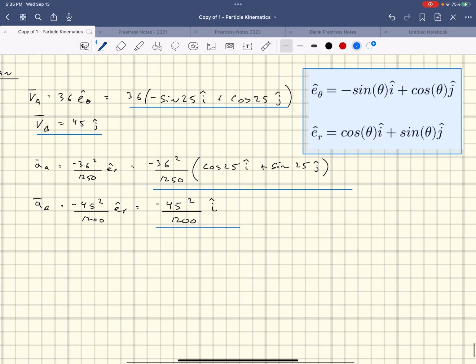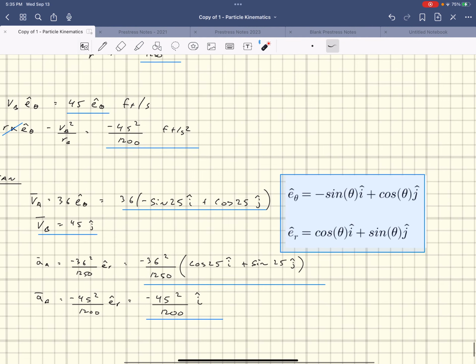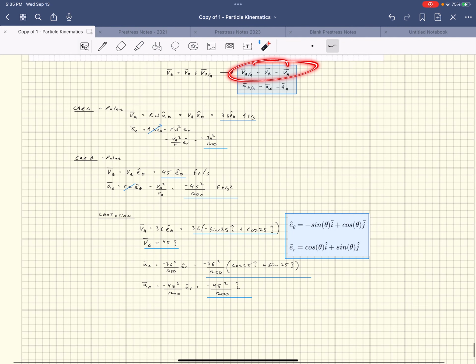Now at this point, we can carry this out. The velocity of B as seen from A is just VB minus VA.